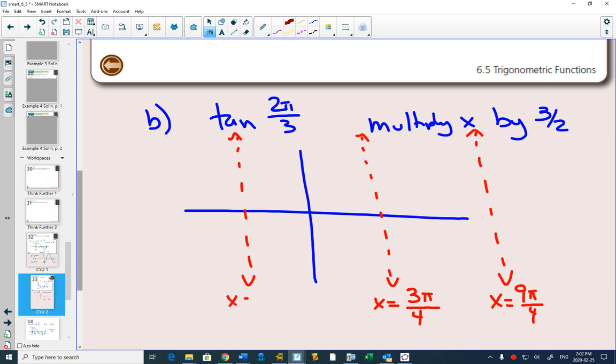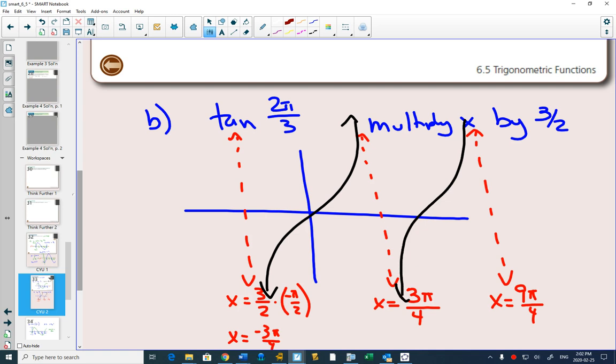And here I'll even show the work. 3 over 2 times negative pi over 2. You're going to get negative 3 pi over 4. Tan graph keeps the same shape as it did before. And it would keep going.